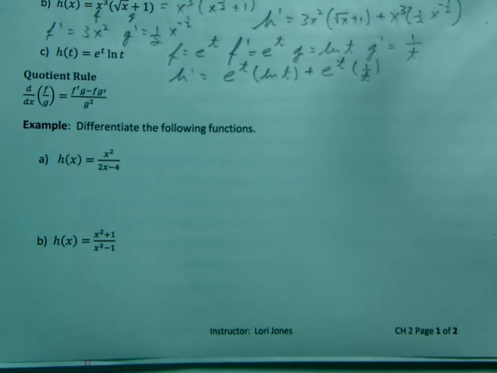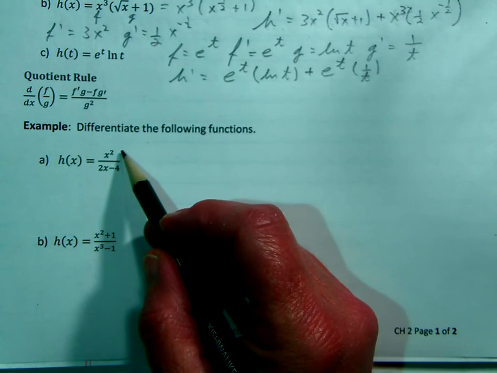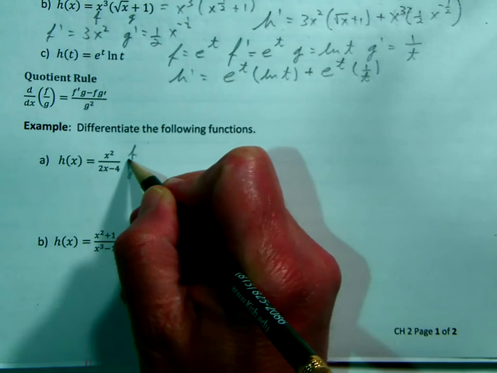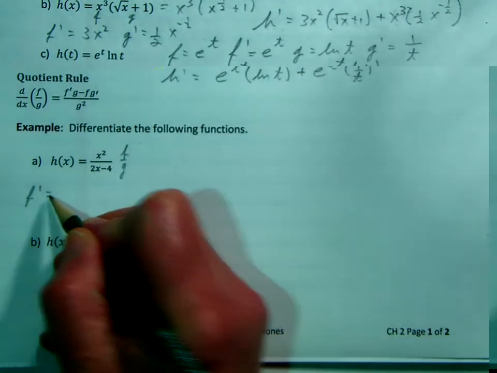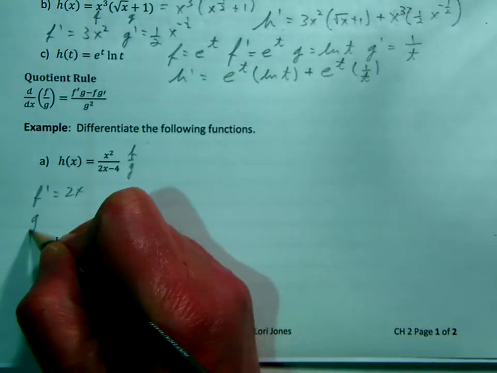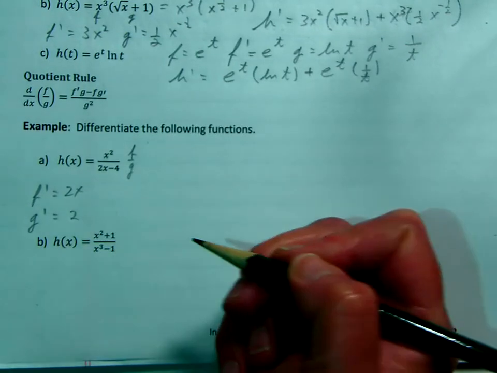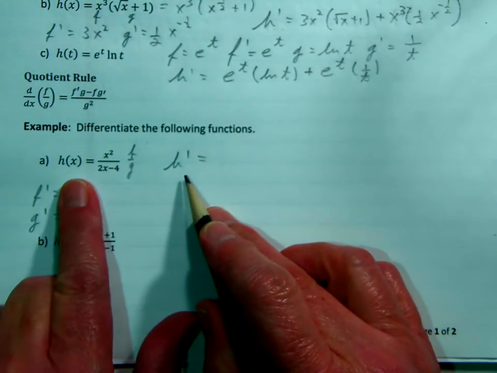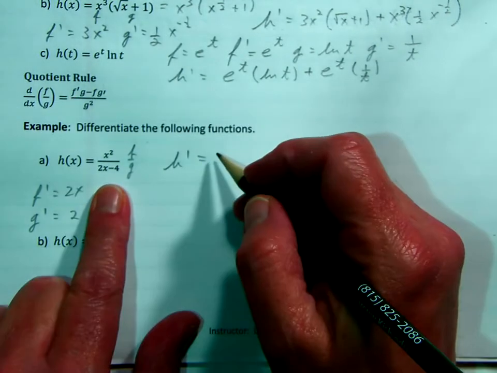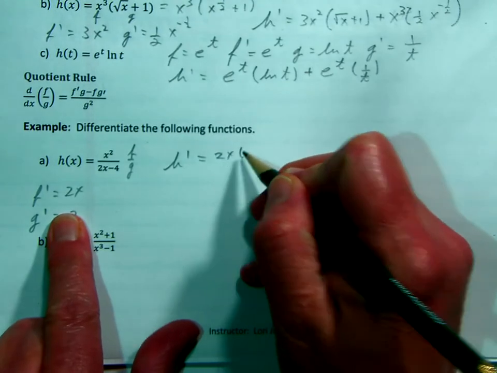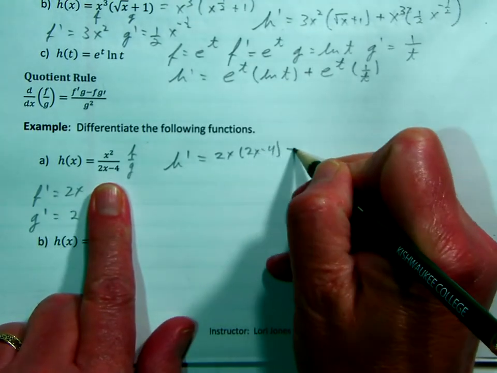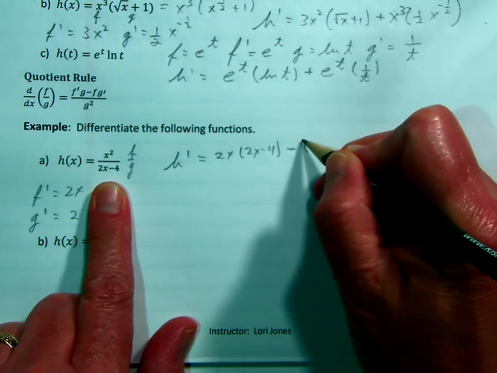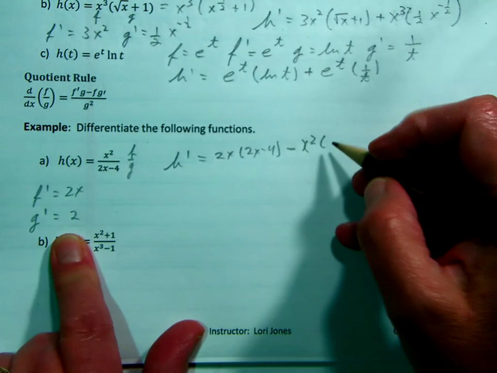Let's do some examples. So if this is my f and this is my g, then the derivative of the top is 2x, the derivative of the bottom is 2, and our derivative of this function h is the derivative of the top times the bottom minus the top times the derivative of the bottom.